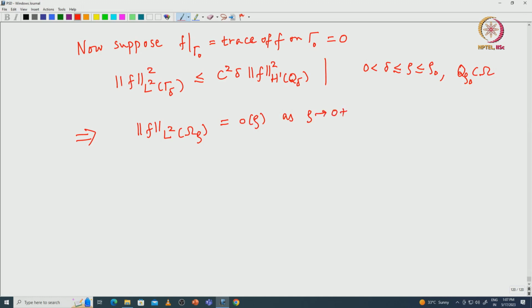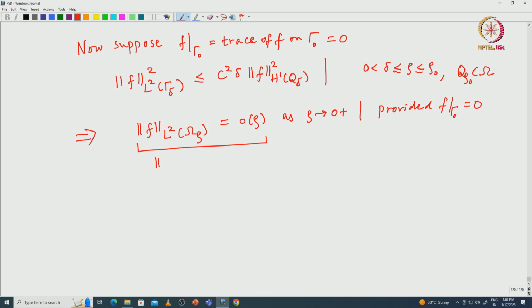So, provided that you remember that gamma 0 is 0, the trace is 0.